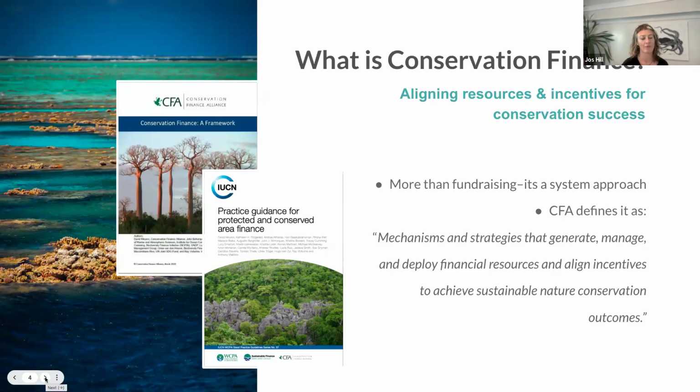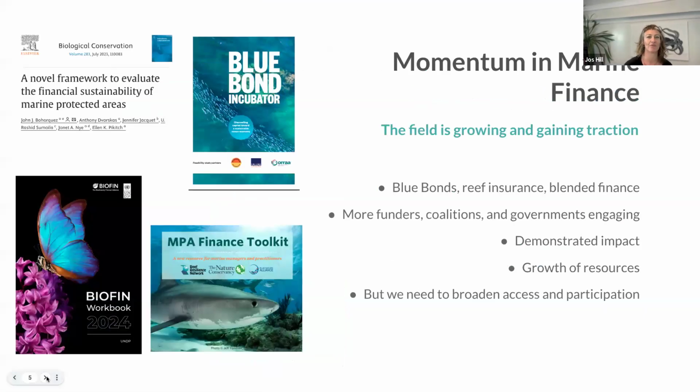So it's not just about bringing in new funds. It's really about using tools to make projects more efficient and leveraging policy to align incentives with conservation. And this definition and framework was adopted by the newly released IUCN Practice Guidance for Protected and Conserved Area Finance that I believe there was a webinar introducing this morning.